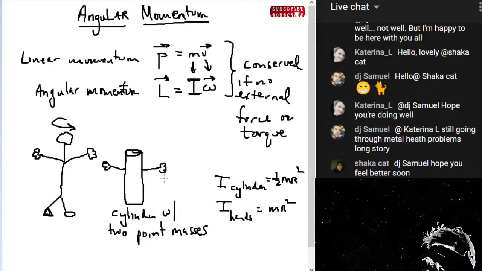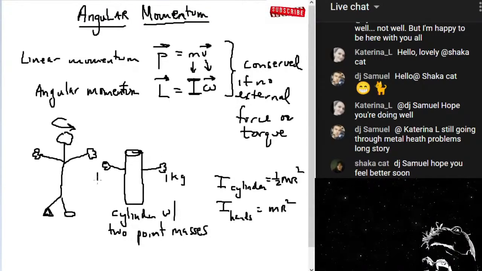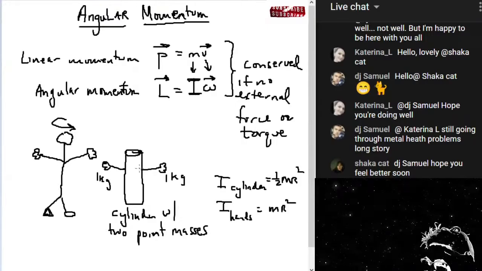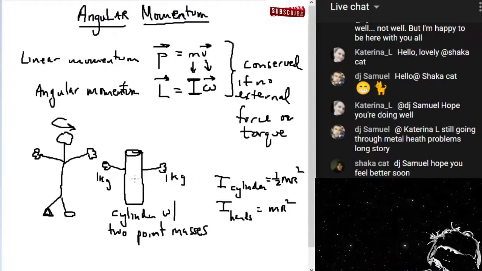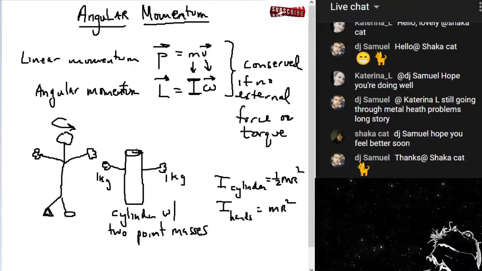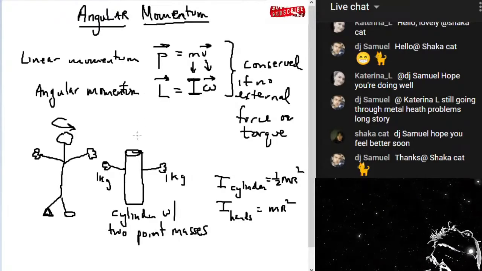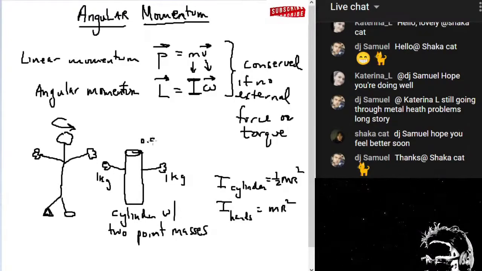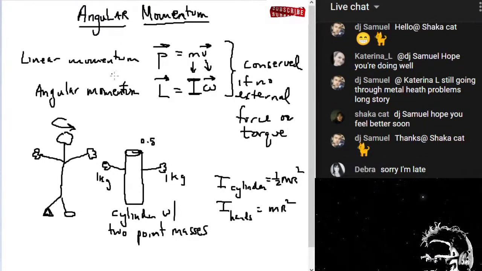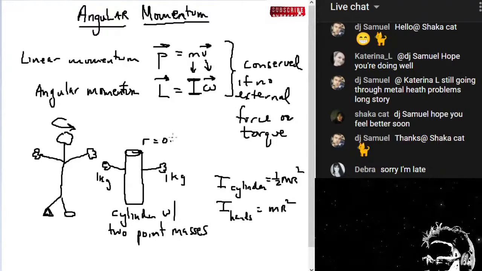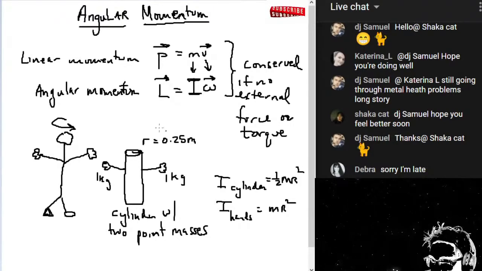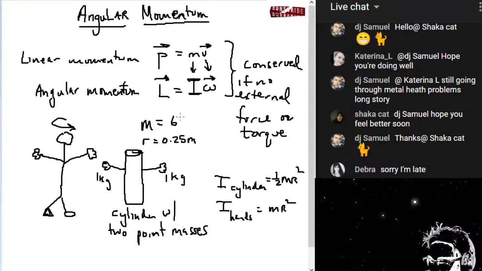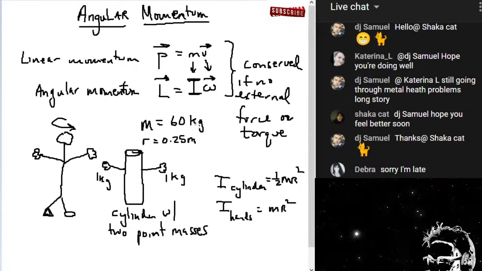So let's just say that each hand is 1 kilogram and the body is, I don't know, what's the average mass of a person? We'll say the radius is 1/2 meter. That's a pretty wide person, isn't it? Let's make it 0.25. So r is 0.25 meters. And let's say that their mass is 60 kilograms.